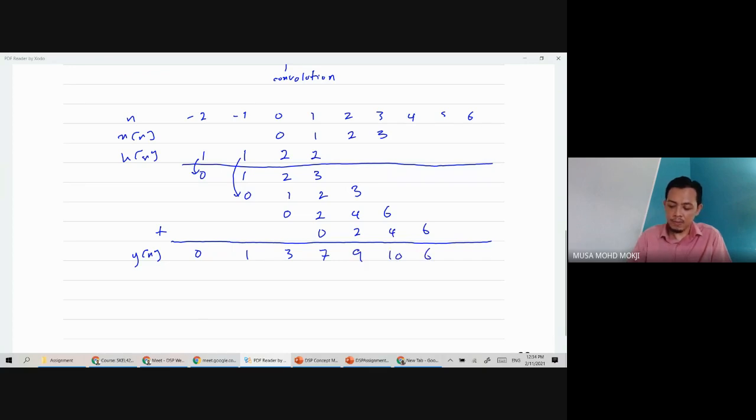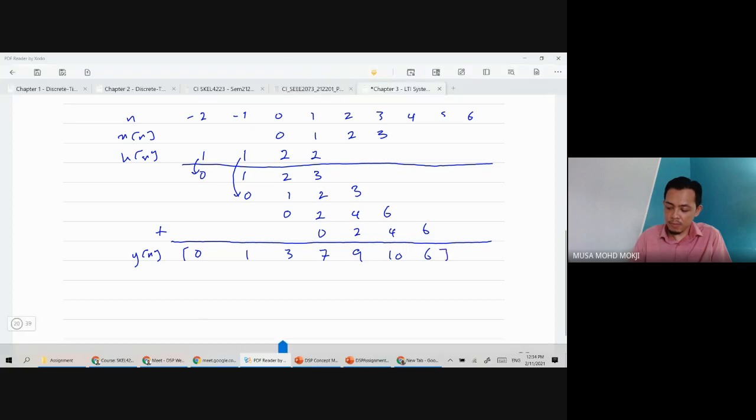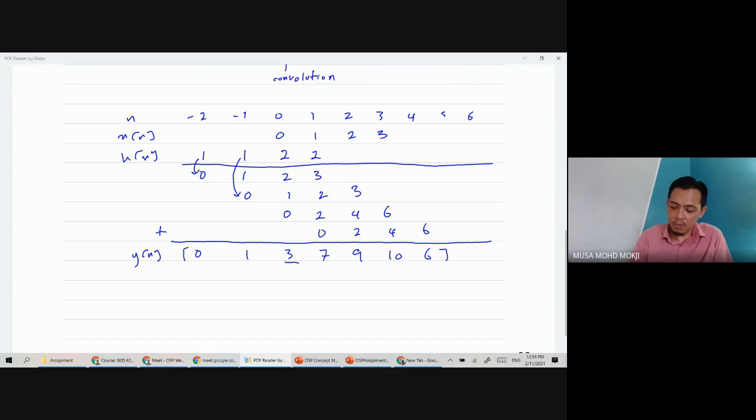And 6. Okay, where is the index 0? It is here. That one is always the index 0. So this is your yn. If you want to simplify it, you don't need to write this 0. So it can be just 1, 3, 7, 9, 10, 6.